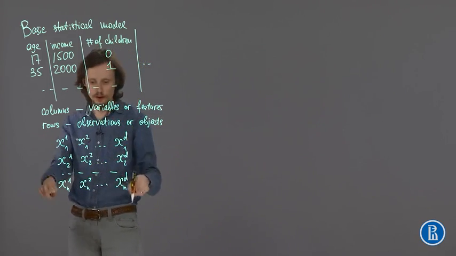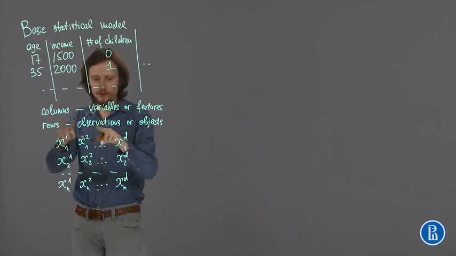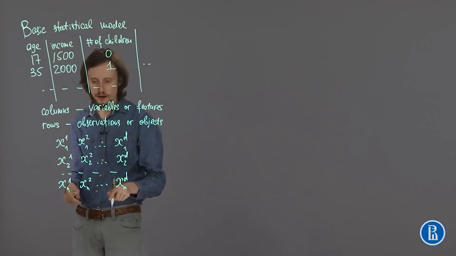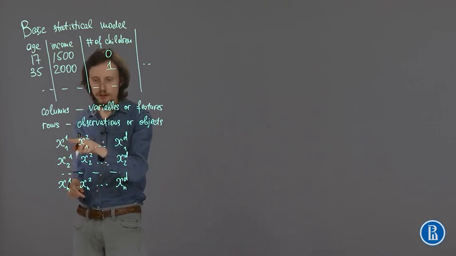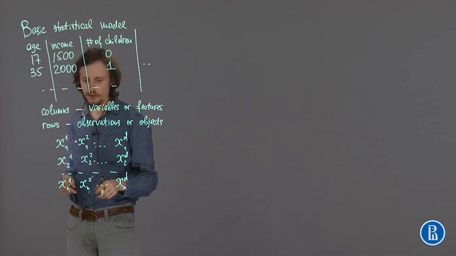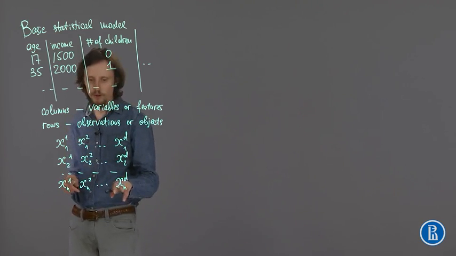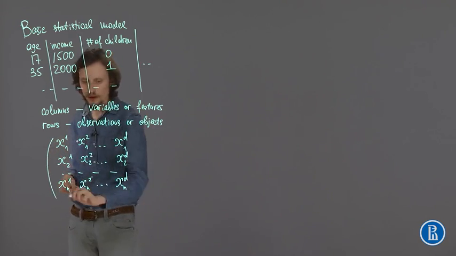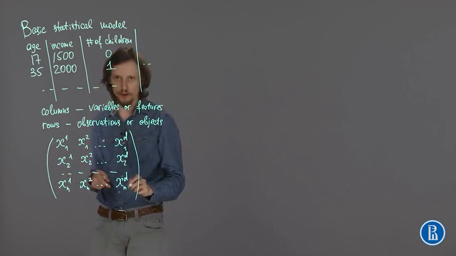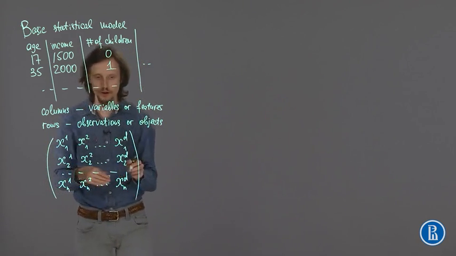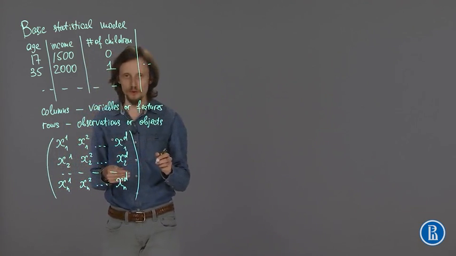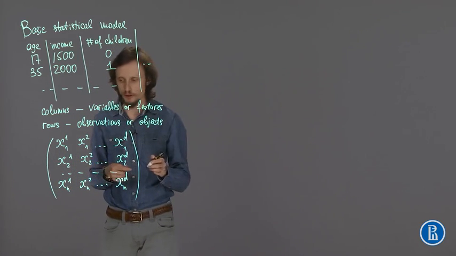So, if I write this table in the form of this matrix, then it means that I have d features, d columns of this matrix, and n objects and observations, and rows of this matrix. So this matrix is usually called object feature matrix or something like this.